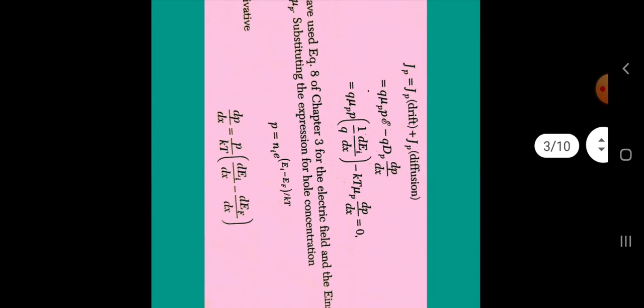That is equal to q mu p p E minus q Dp dp by dx. This is equal to q mu p p in brackets 1 by q dEi by dx minus kT mu p dp by dx, that should be equal to 0.